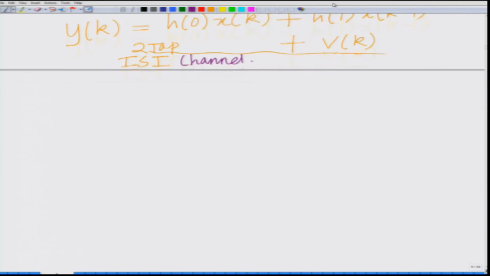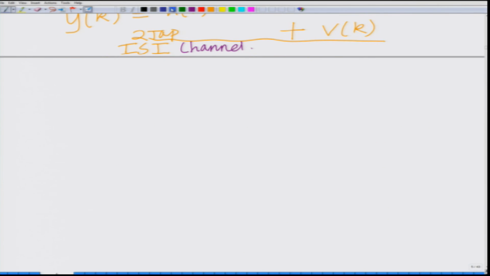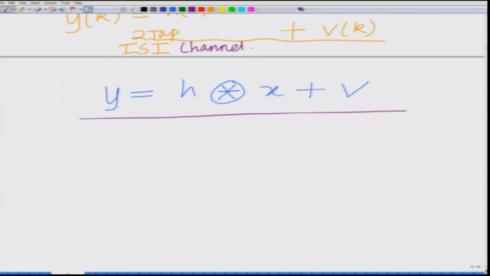And therefore, the action of the channel is one of circular convolution, because of the cyclic prefix: y equals h circularly convolved with x plus the noise, which means now you take the FFT at the receiver.